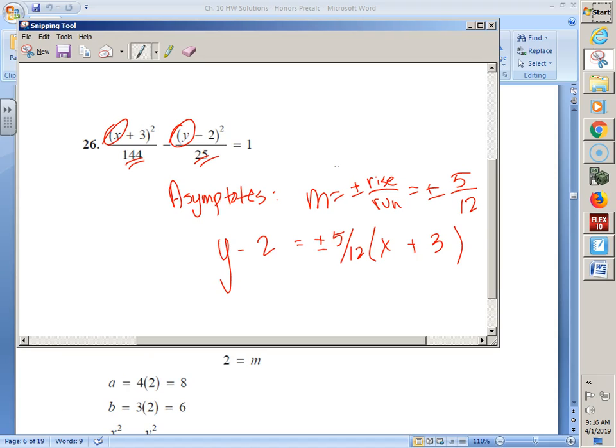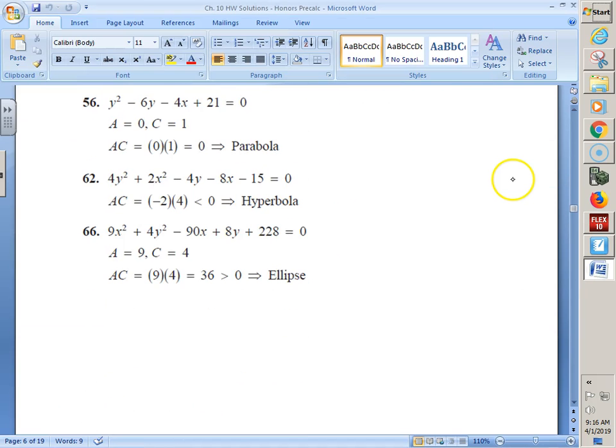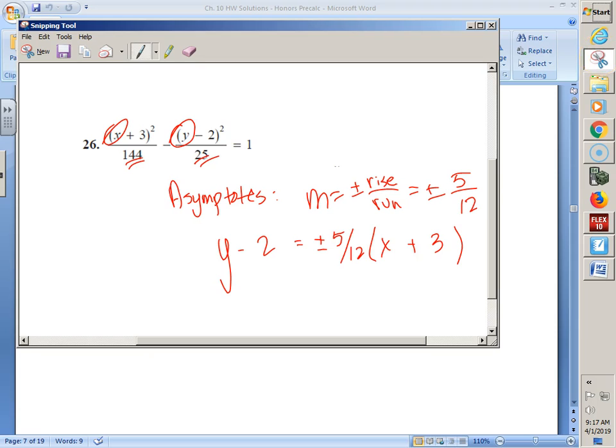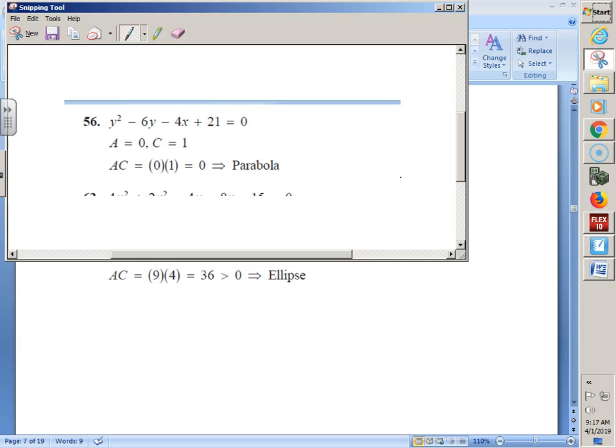Kyle, what was your question? Number 56. Since they're not showing me the actual answer, I just changed that. I got 3 plus y minus 3 squared over 4. Oh, because you're trying to get the standard form real quick? You would have completed the square.